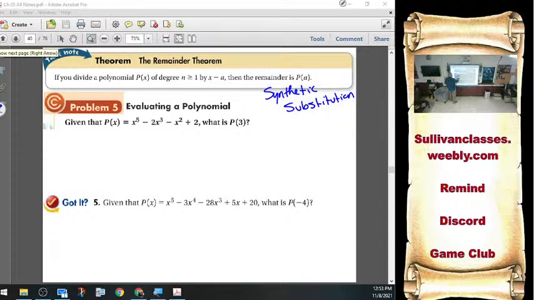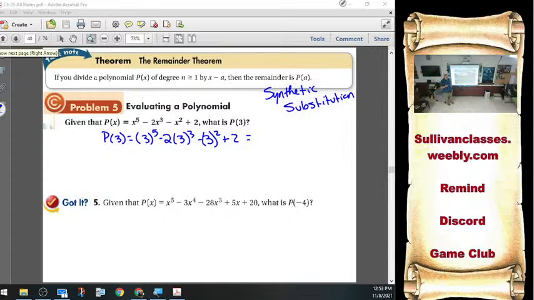So if I want to know what P of 3 is, I can take 3 to the 5th minus 2 times 3 to the 3rd minus 3 squared plus 2. 3 to the 5th is 243, 243 minus 54, 27, 2... 243 minus 54 is 189, minus 9, negative 182 plus 2.